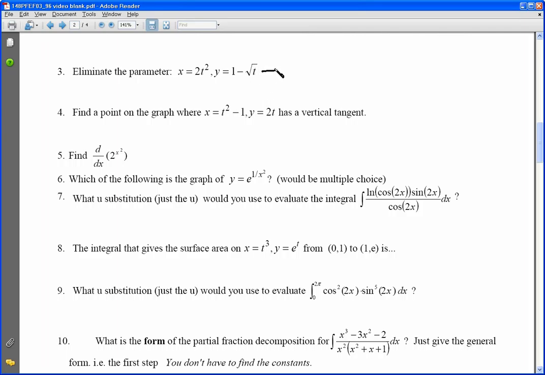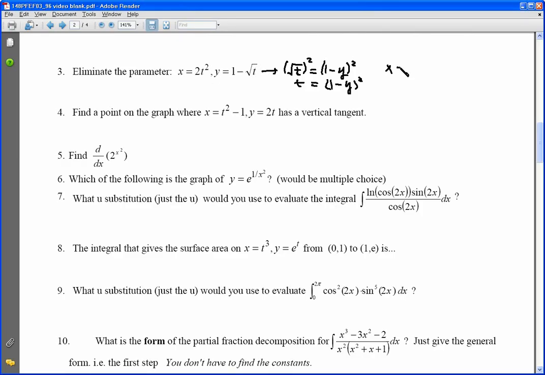So let's see here. We want to bring the root t over on this side and the y on this side. So square root of t comes over as a positive, this y comes over as a negative, so 1 minus y. And then we'll square both sides. This square and square root will cancel out, so we get t equals the quantity 1 minus y, squared. And then we can plug that in here.